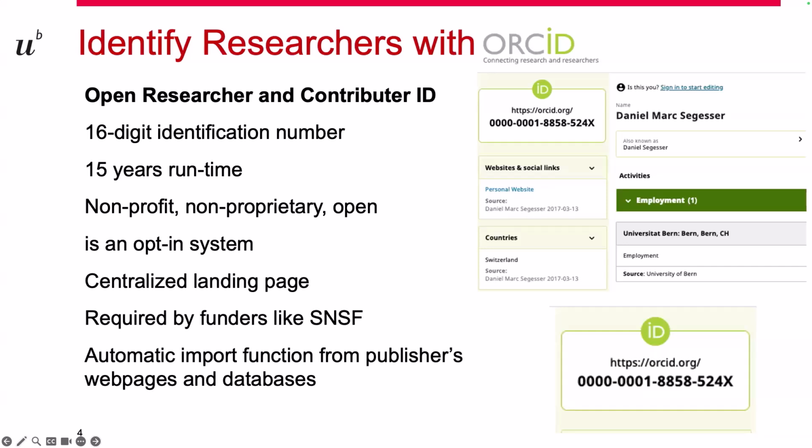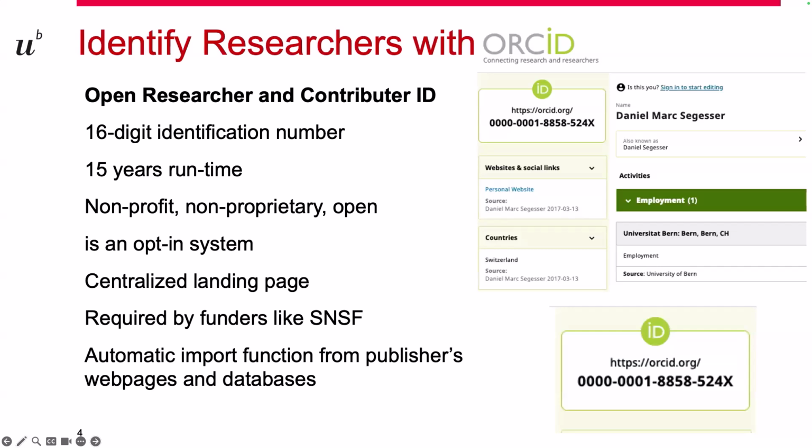It's well integrated in many systems. Think about submitting a manuscript or applying for a grant. This is where you can use your ORCiD. It means that the information can be transferred automatically, so you don't have to keep entering the same details on every platform.